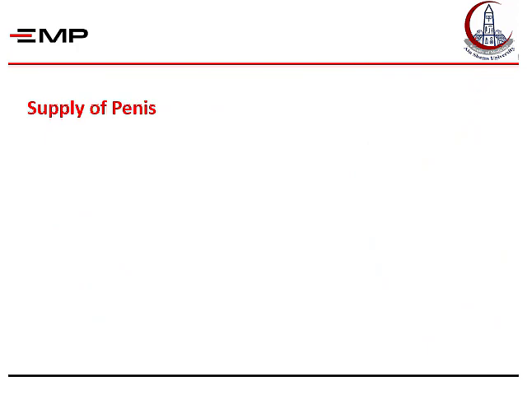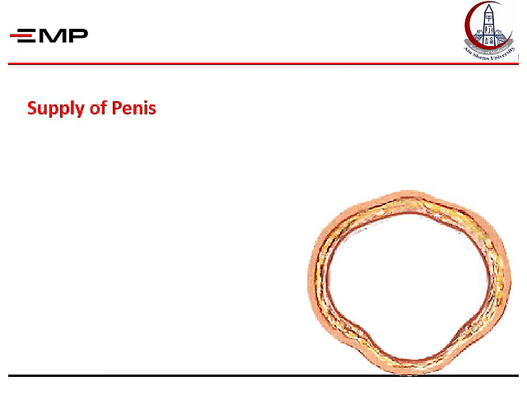Now we will revise the supply of the penis. But before that, we will have to revise what the penis is made of. First, there is a covering of skin and superficial fascia. And instead of the deep fascia, we have the penile fascia here, or the fascia penis.